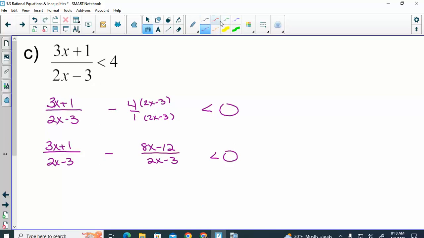Because this is a minus, I'll go ahead and distribute that negative. So then we now have a common denominator, so we can put these together. 3x minus 8x plus 12.